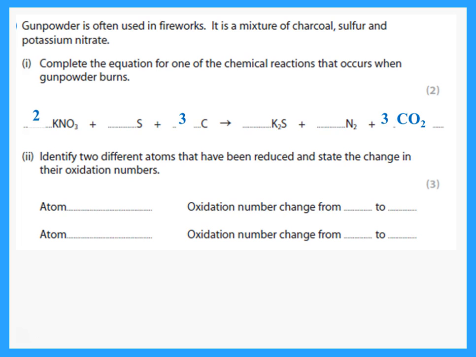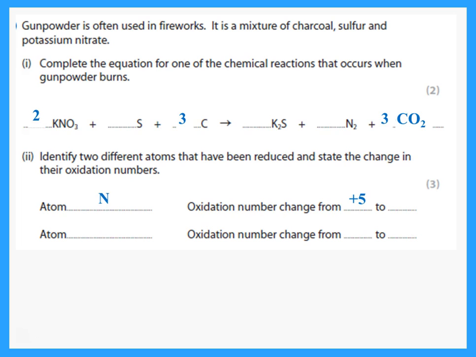Well, let us take a look. If we look at nitrogen, what has happened to the nitrogen? What is the oxidation number of nitrogen in KNO3? Each oxygen is -2, so that's -6 for the 3 of them. Each potassium is +1, and that means that the nitrogen has to be +5 to overall be 0.